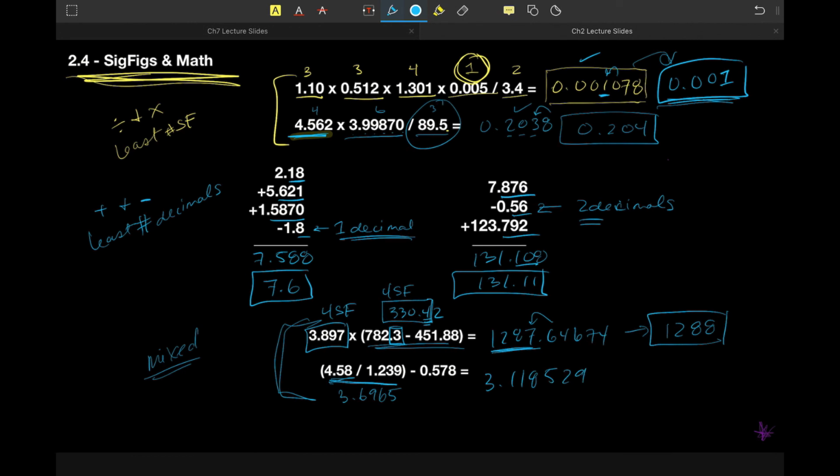But the fact of the matter is we have this value here, which we would limit to 3 sig figs, and that means 2 decimal places versus 3 decimal places. So I'm actually only going to put 2 decimal places in here, which means 3.12.